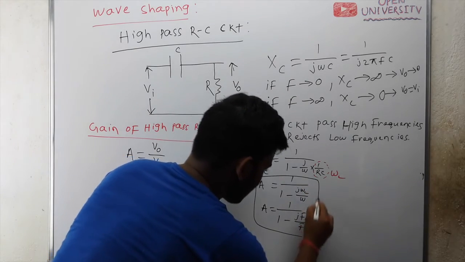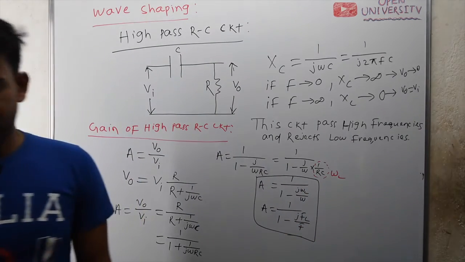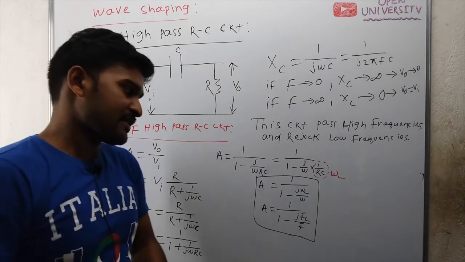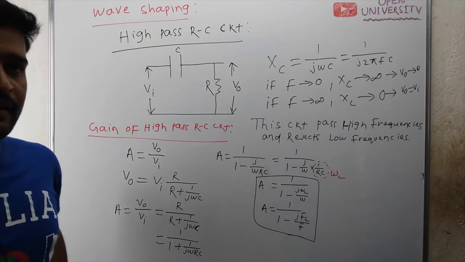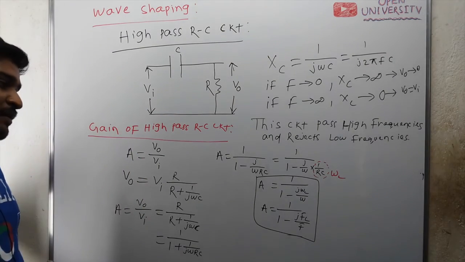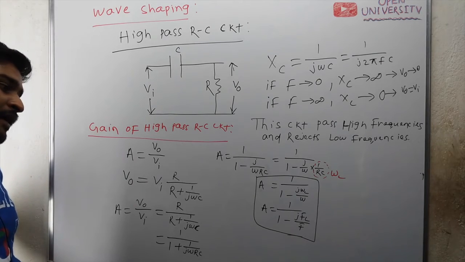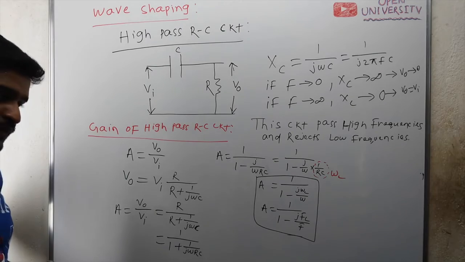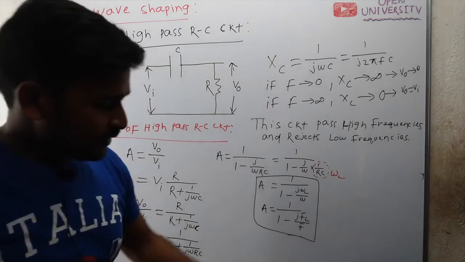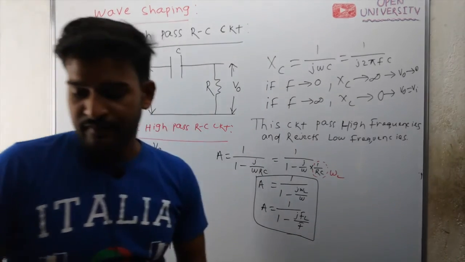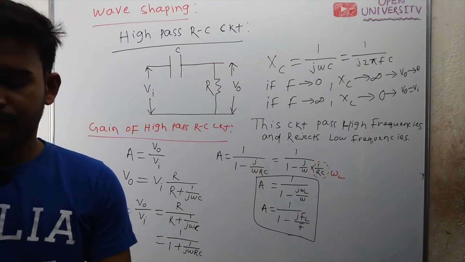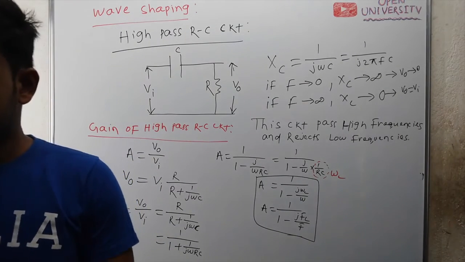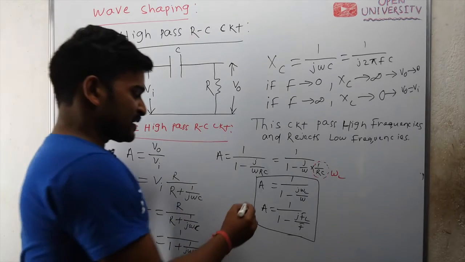These are the formulas of gain of your high pass RC circuit, which is 1 by 1 minus j omega L by omega, or 1 by 1 minus j fL by f. Here f is the frequency of input signal. This is the gain of high pass RC circuit.